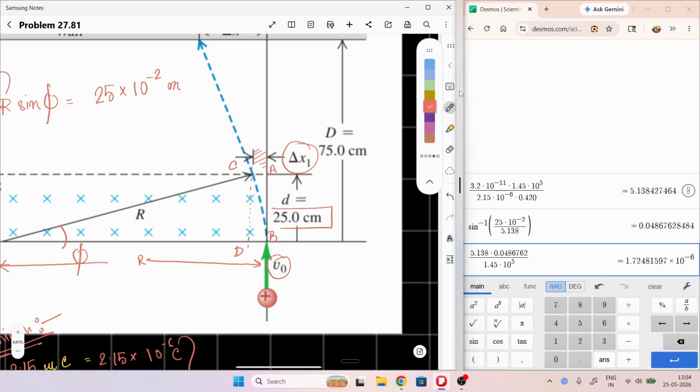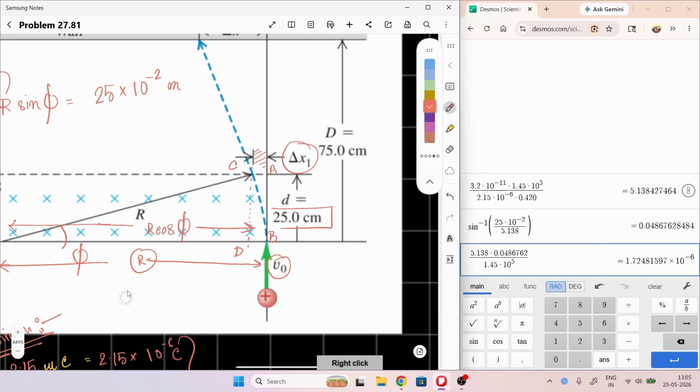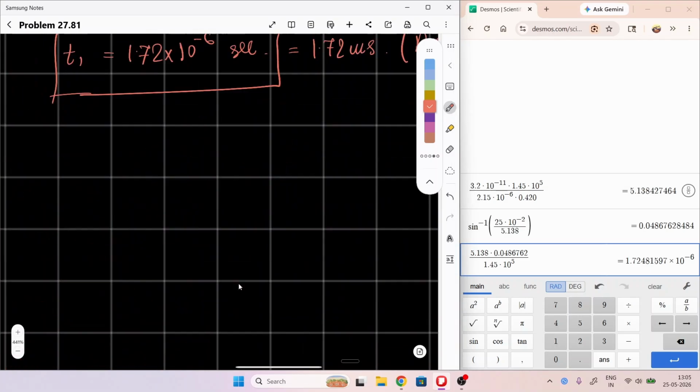This is R and this angle is phi. So we can say that this up to D is R cos phi. So delta x1 can be written as R, the total radius, minus R cos phi. R, let's take it common, R into 1 minus cos phi.